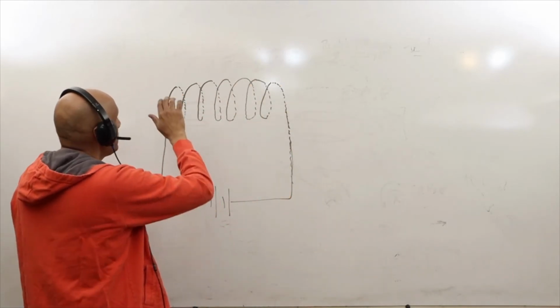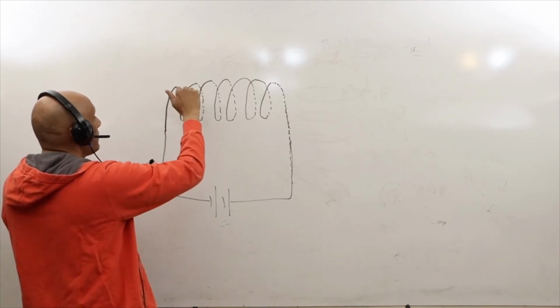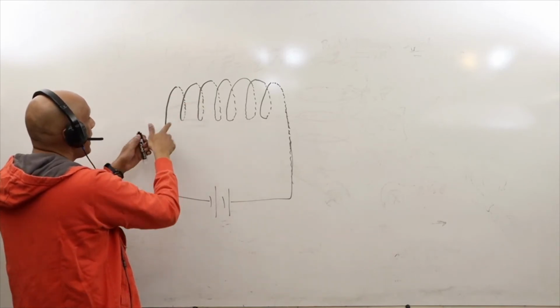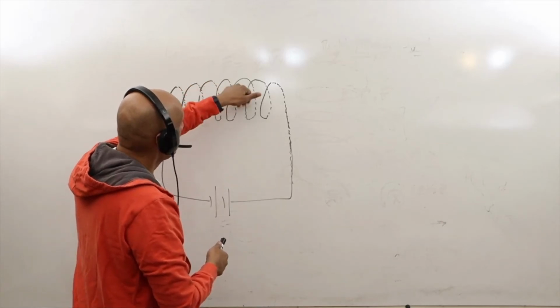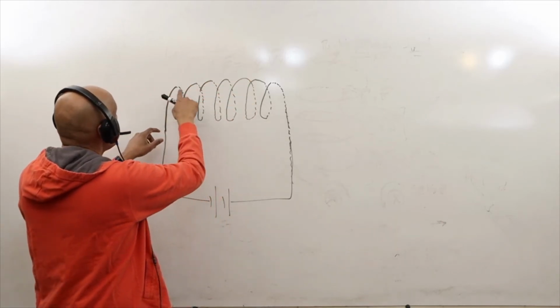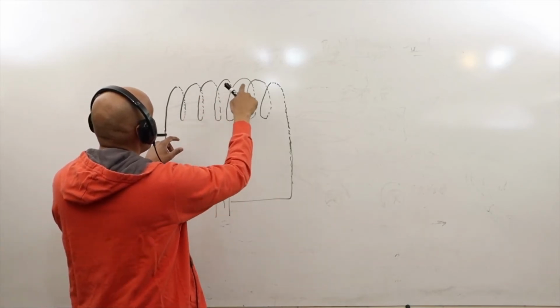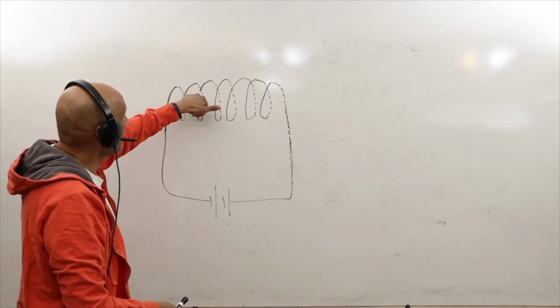If I'm going this way behind and coming back out, I would be traveling this way, but I'm not. I'm actually traveling this way. So this is a left-hand spiral, going forward, backward, forward, backward.